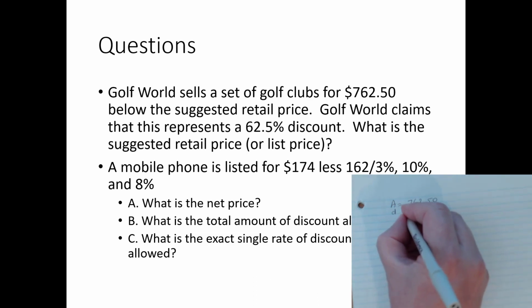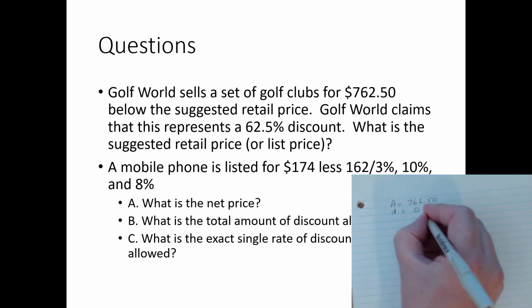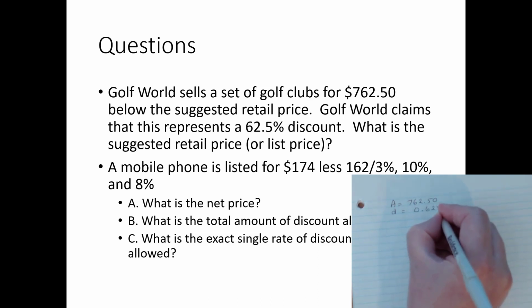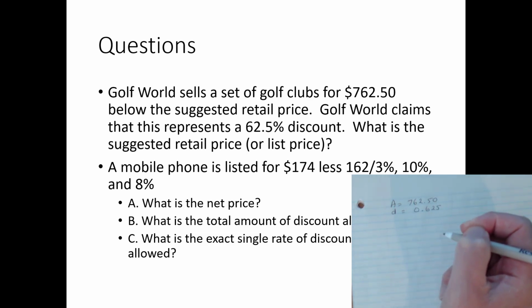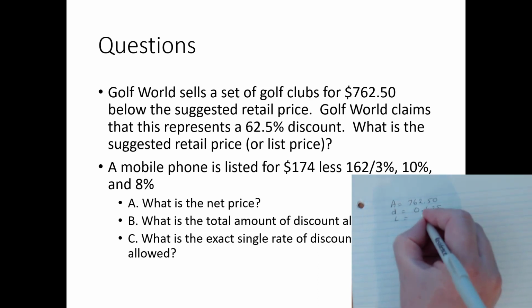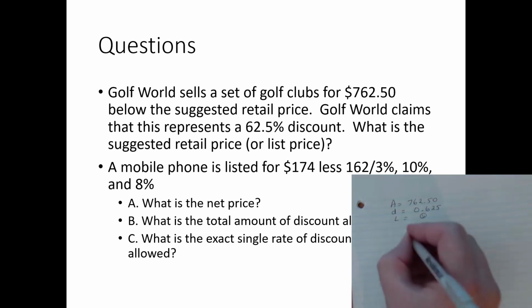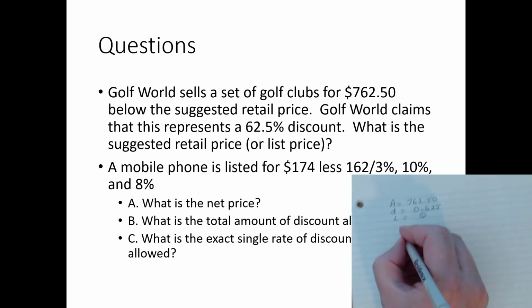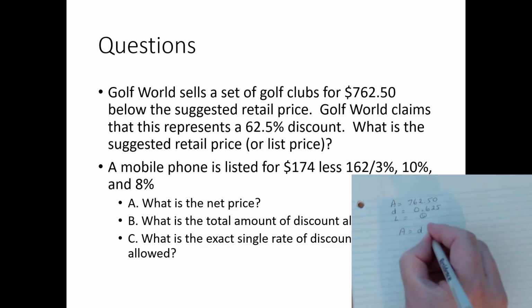So d, my discount rate, expressed as a proportion, I'm going to use in a mathematical equation. Okay. What is the suggested retail price? Another way of saying, what's the list price? So list price, that's what I want. Intuitively, when I'm calculating the amount of that discount, I know that is the discount rate applied to the list price.